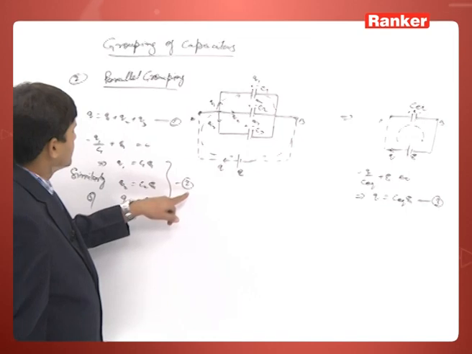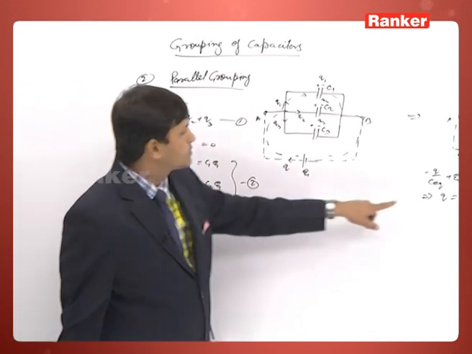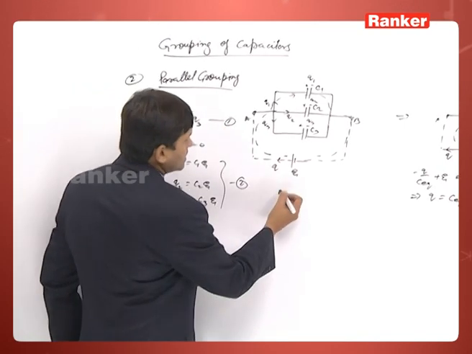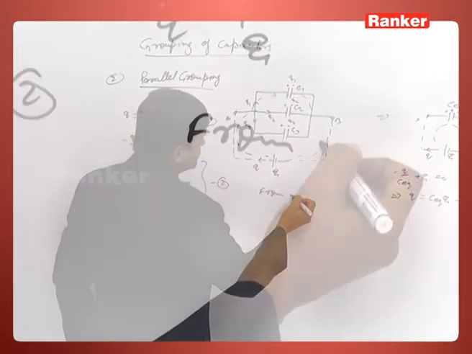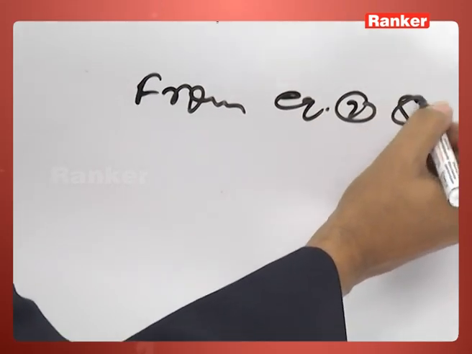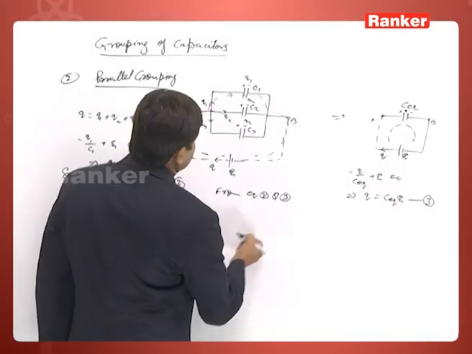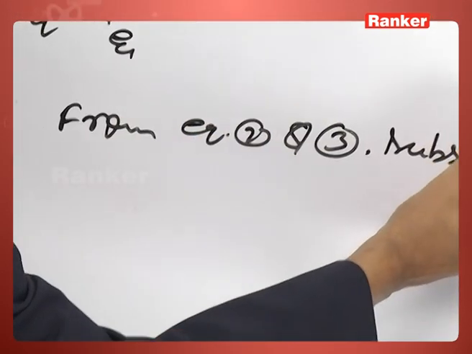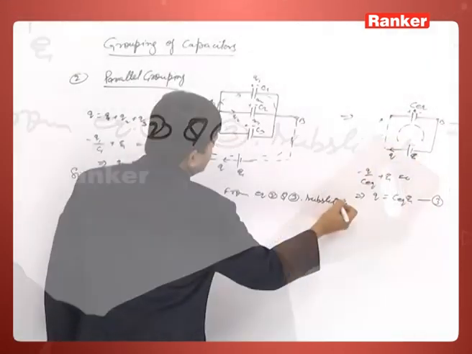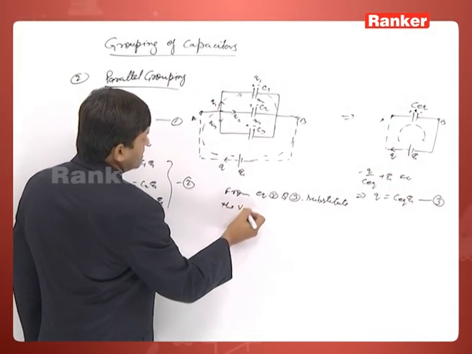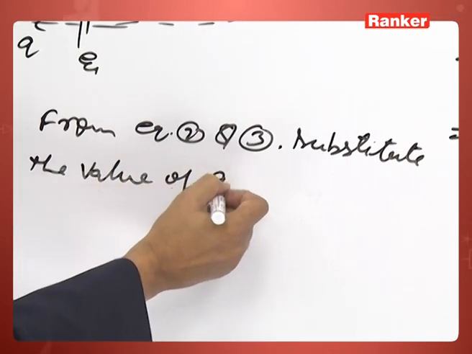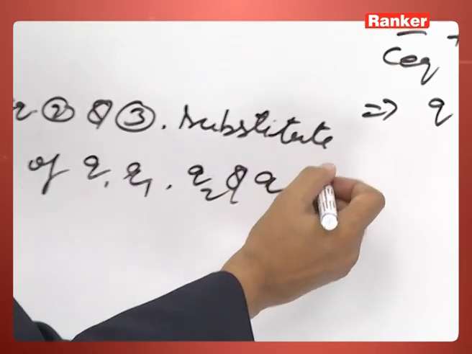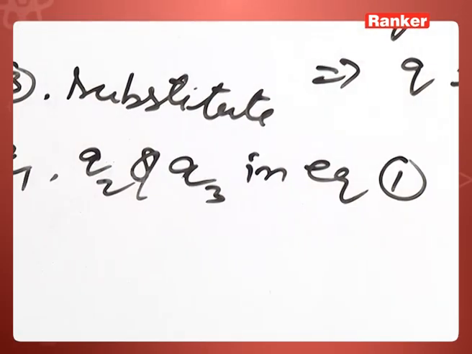Substitute the values of Q1, Q2, Q3 and Q from the second and third equations into the first equation. So from equations 2 and 3, substitute the values of Q, Q1, Q2 and Q3 in equation 1.